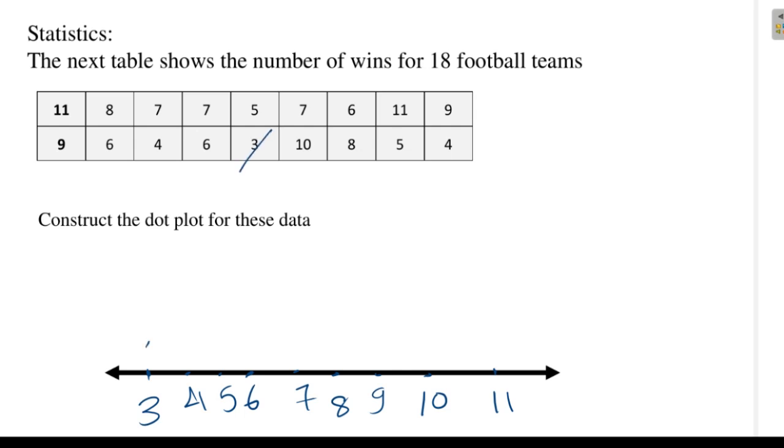Put a dot above it. 4, how many 4s? 1, 2. Put a big dot. 5, how many 5s? 1 and 2, two fives. 6, 1, 2, 3.